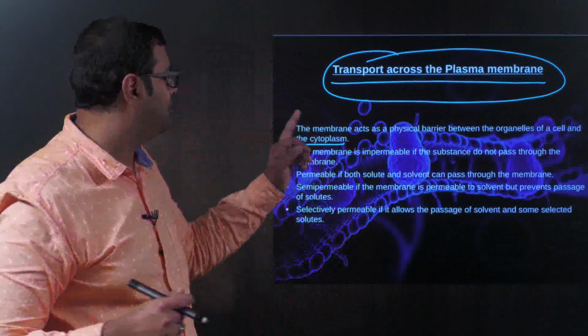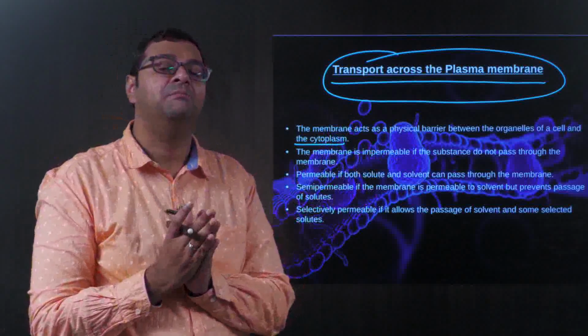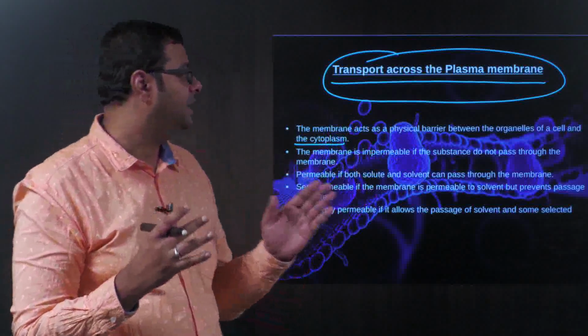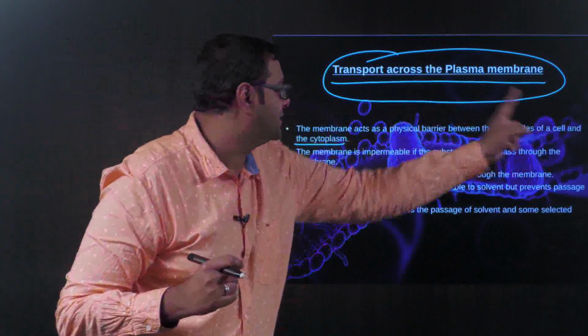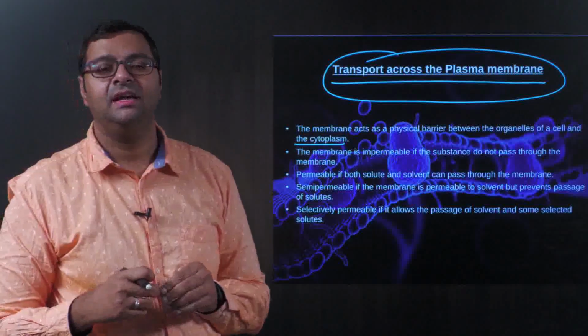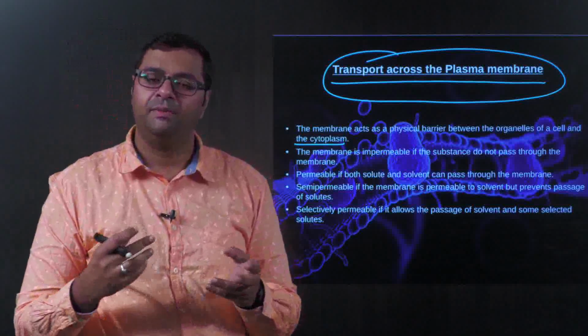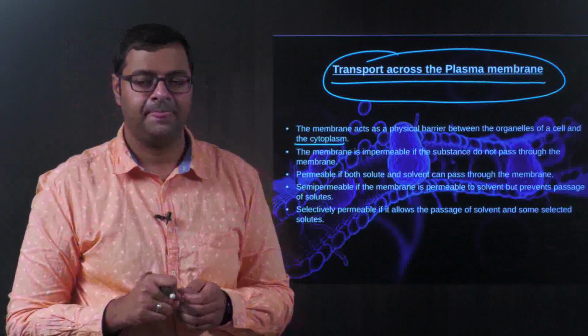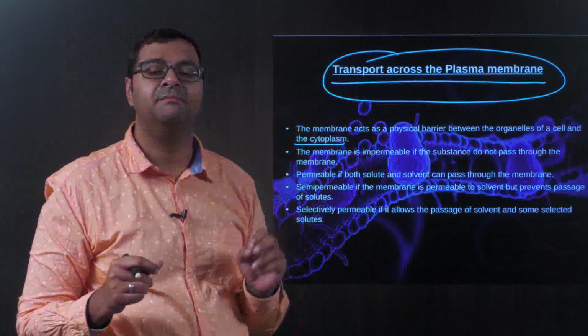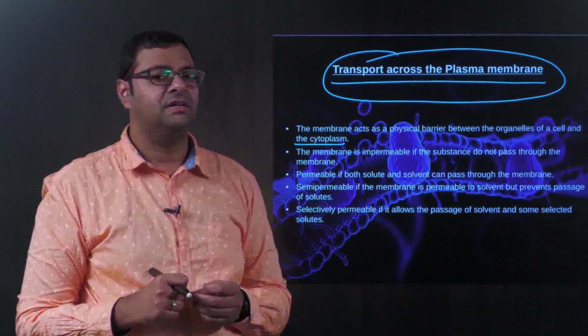You know the organelles already, which are the mitochondria, Golgi complex, endoplasmic reticulum, and in plant cells, chloroplasts. So this membrane acts as a physical barrier between the cell and the cell organelles. That is the first point.